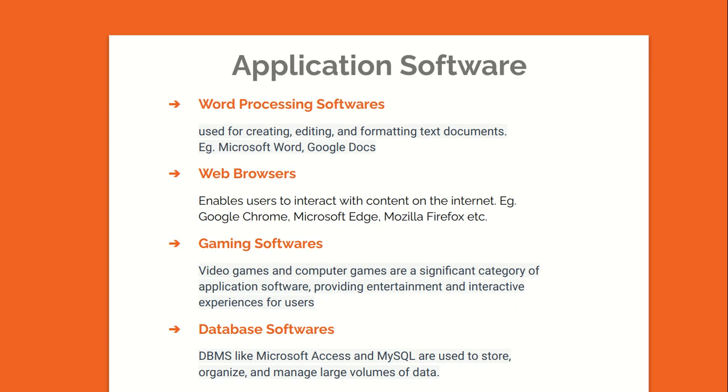These are examples of application software. Microsoft Word we can classify as a word processing software. These are programs that are used for creating, editing, and formatting text documents. Another example of that kind of software, the word processing softwares, is Google Docs.